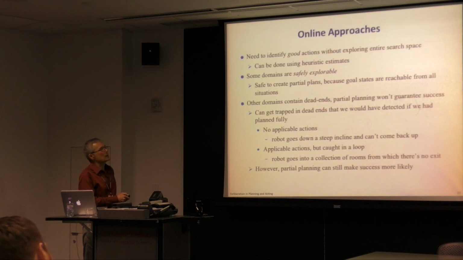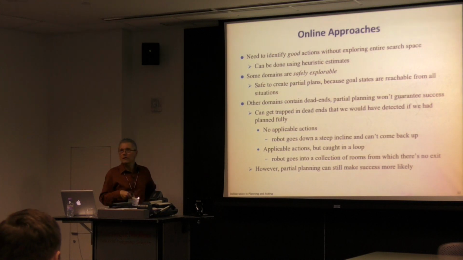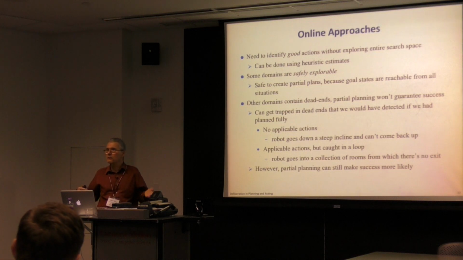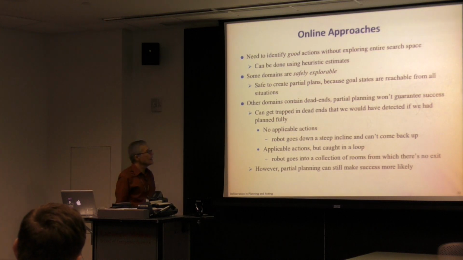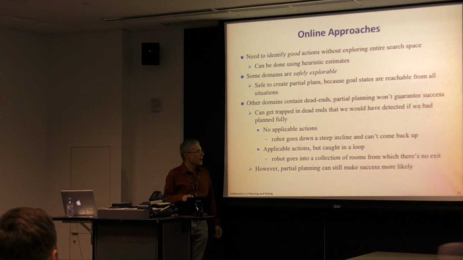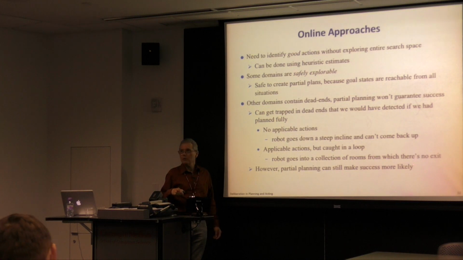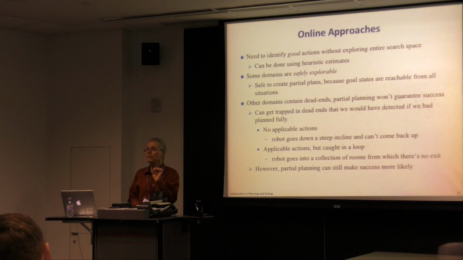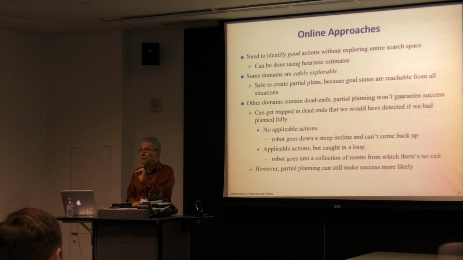In other domains, you can reach dead end states. Your partial planning won't guarantee success. If we were able to plan fully, we might be able to detect those dead ends, but we don't necessarily have time for it. But if we do partial planning, we can at least avoid some of the dead ends, and that'll make success more likely. All right?